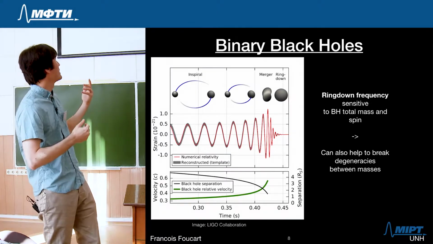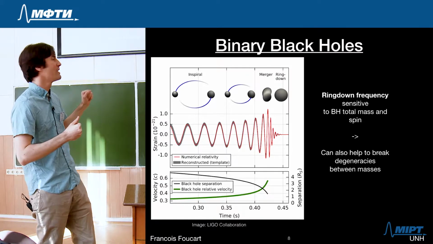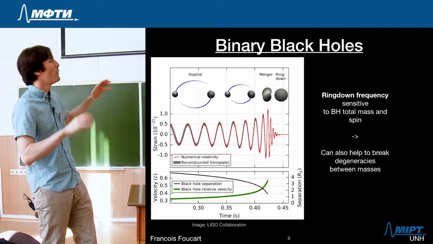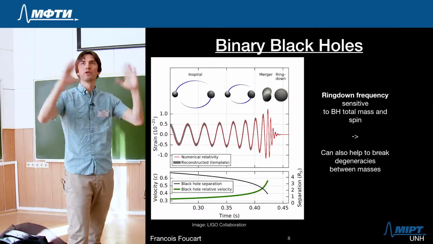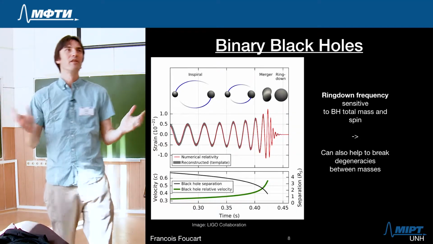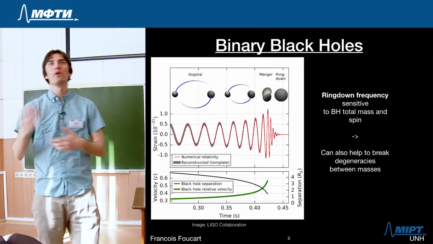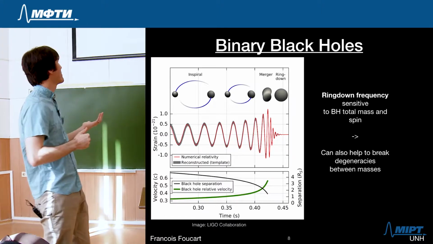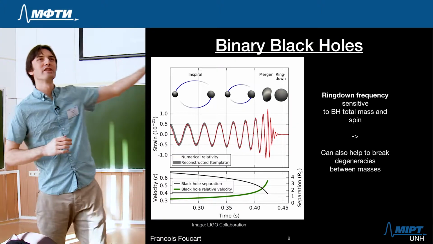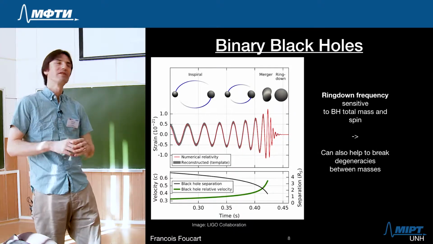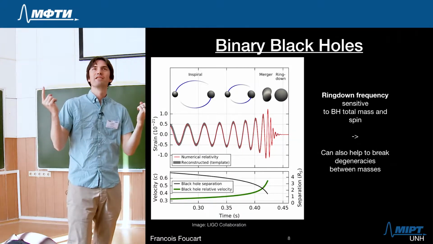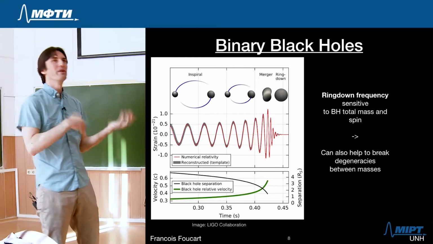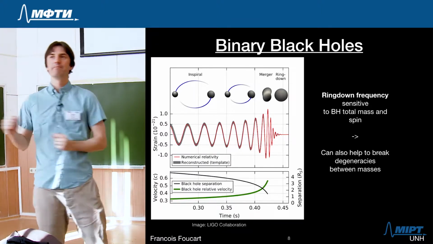The merger signal, and especially the post-merger signal, is going to be more sensitive to the total mass and the total angular momentum of the system rather than the chirp mass. So that's another way in which you can disentangle parameters: if you are capable of seeing the post-merger signal, then you get information about the sum of the two masses instead of that weird combination of the masses that is the chirp mass.